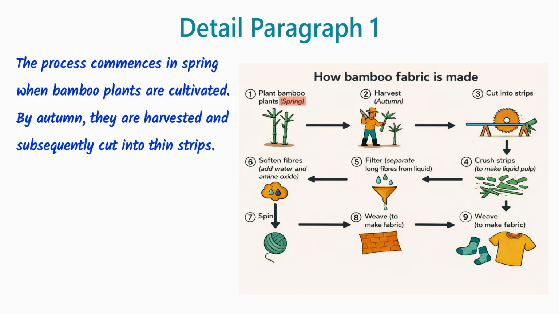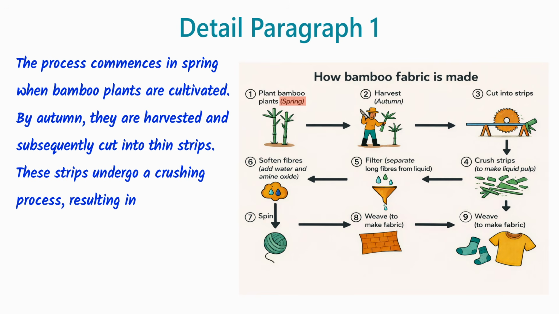And as you remember, I said undergoing a crushing process in stage 4, right? These strips undergo a crushing process, and what happens? It results in a liquid pulp, resulting in a liquid pulp. And following this, you remember, I said about going to the next stage, we can write a phrase like following this.